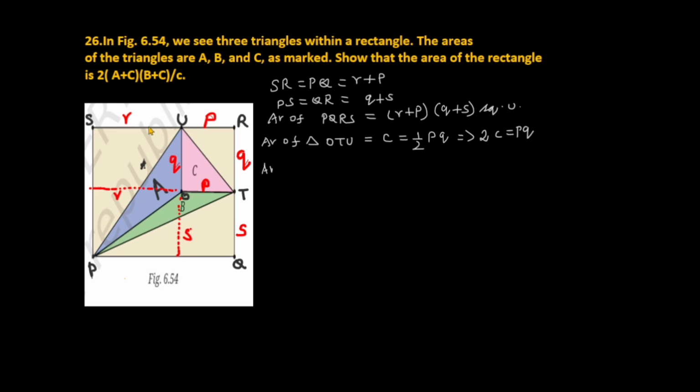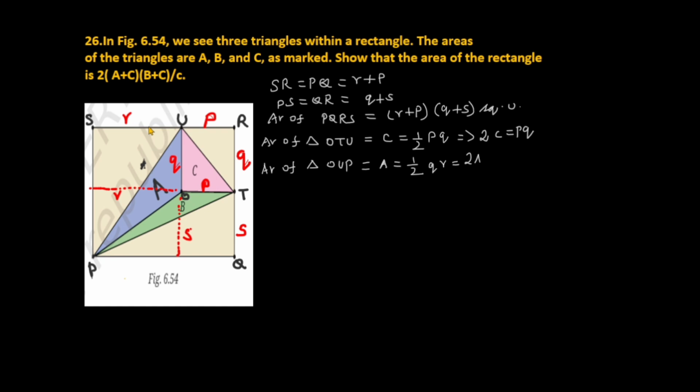Then next, area of the next triangle OUP. There the perpendiculars are Q and R. So the enclosed area A is half into Q, Q is the base and R is the height.